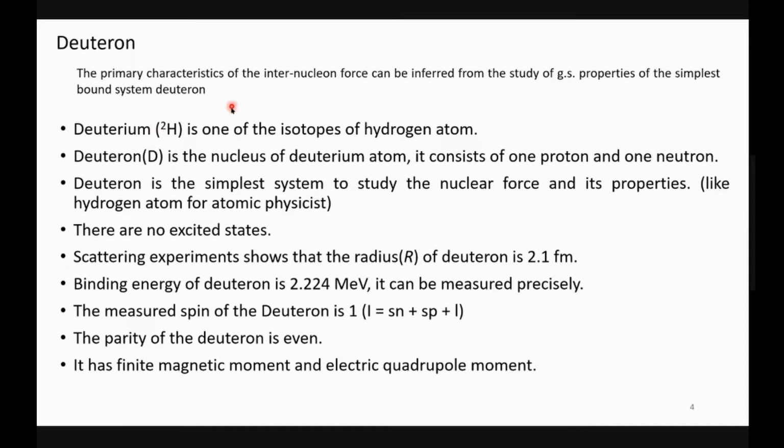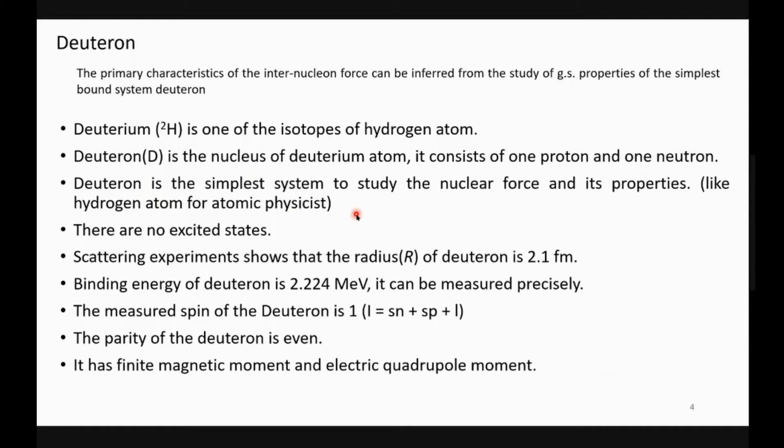So deuterium, that is 2H, is one of the isotopes of hydrogen atom, and the deuteron, denoted by the letter capital D, is the nucleus of the deuterium atom, and it consists of one proton and one neutron. The deuteron is the simplest system to study the nuclear force and its properties.